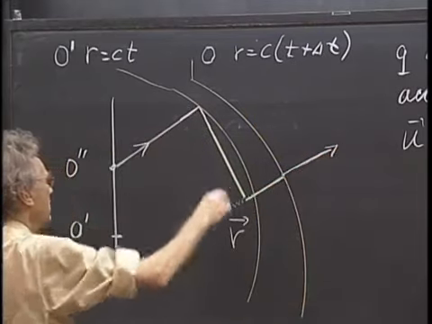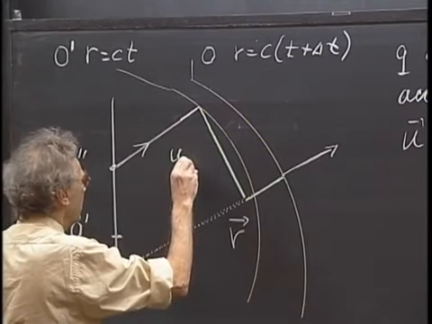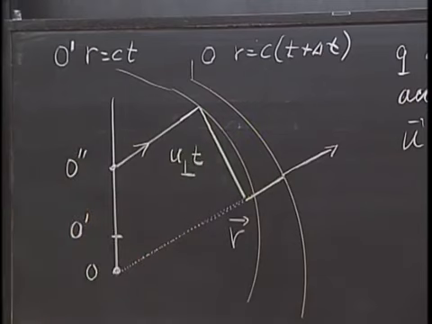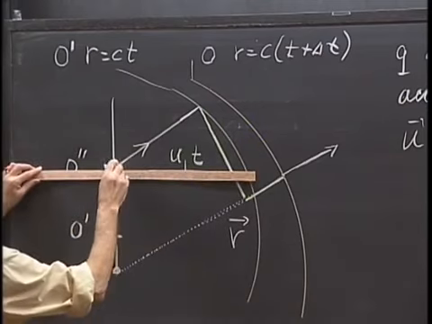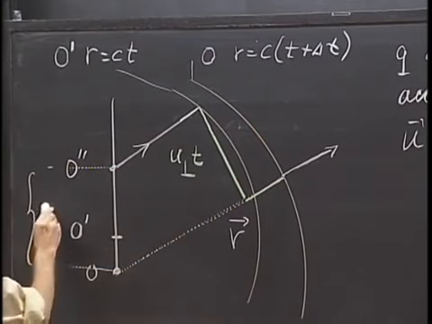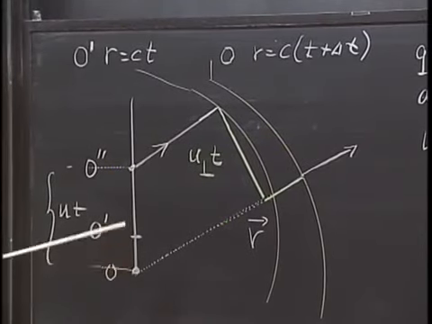This length here is u perpendicular times t. You can easily see why that is the case, because this distance here is ut.